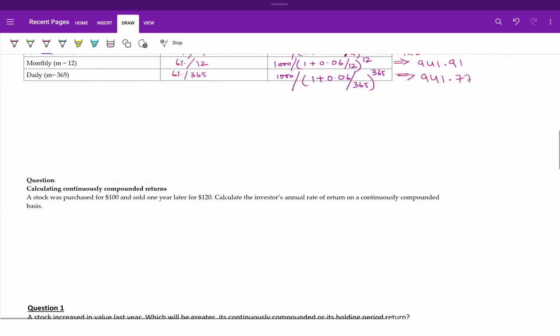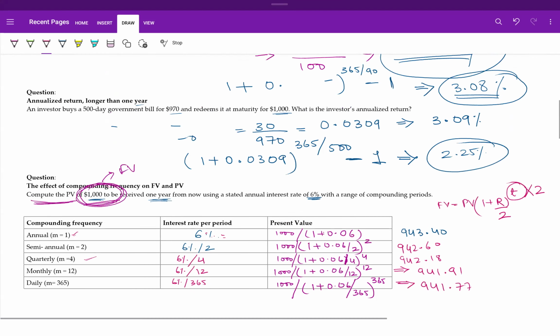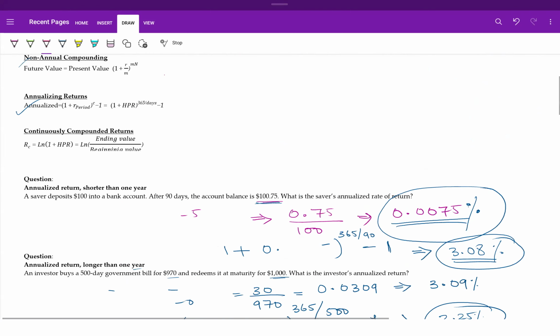After this, we are starting with compounding frequency, where we have continuous compounding, and how we are going to solve those kinds of questions. When the compounding frequency reaches a point where it's compounded continuously, this is associated with the holding period return, which can be calculated using the natural logarithm, ln. The calculator calculates this for us.